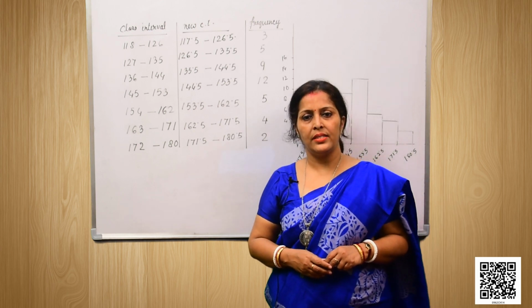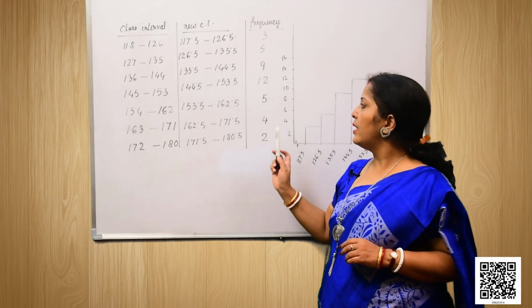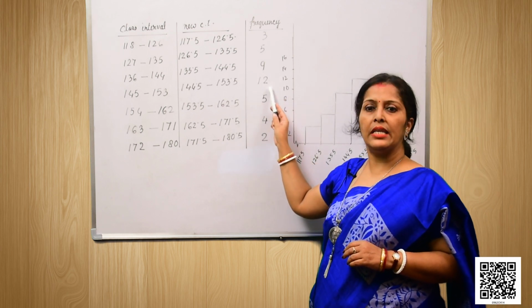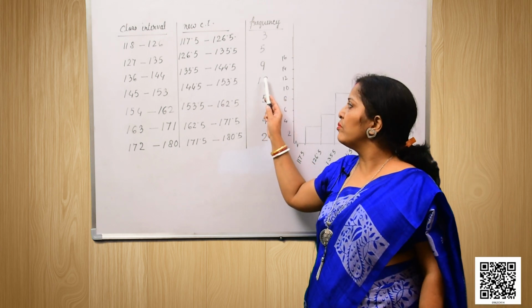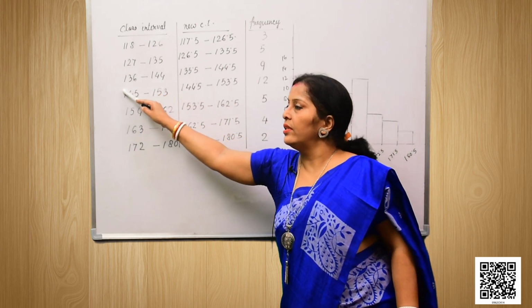Bit 3 says, is it correct to conclude that the maximum number of leaves are 153 millimeter long and wide? Now see here, the highest frequency is 12, and this 12 is coming in the class 145 to 153.